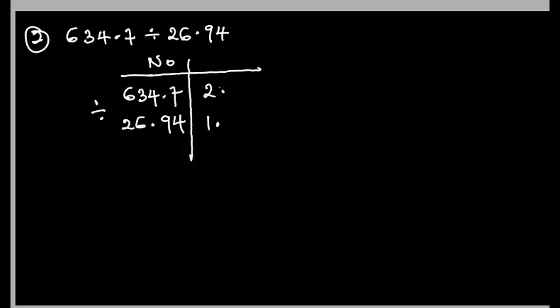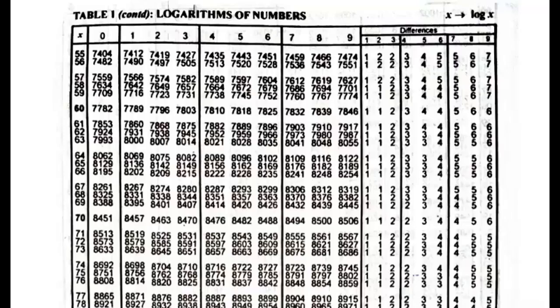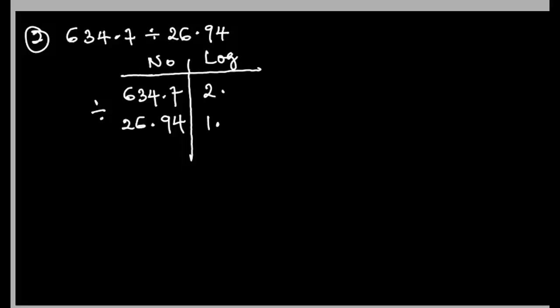Now the next thing, we are treating logarithm. So we go to the logarithm table and look for 63 under 4 difference of 7. As you can see on our log table, 63 under 4 difference of 7 is 8026.